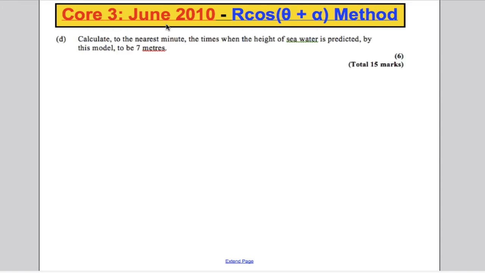Last part, part D, it asks us calculate to the nearest minute where the height is 7.